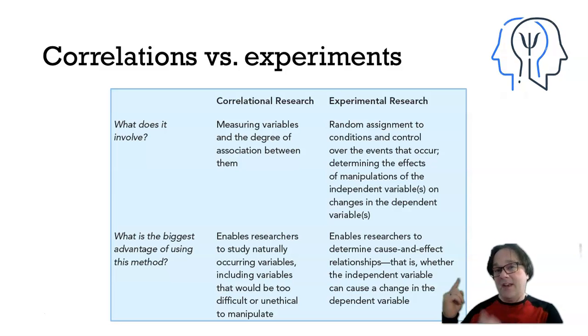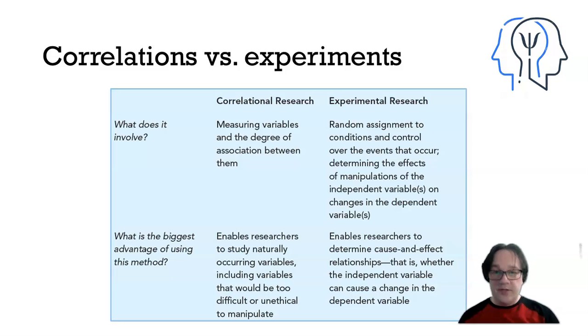It's dependent on that variable that we as researchers manipulated, which is the independent variable. So as a way to try to remember the difference between these two, independent variables are manipulated, dependent variables are measured. Okay?